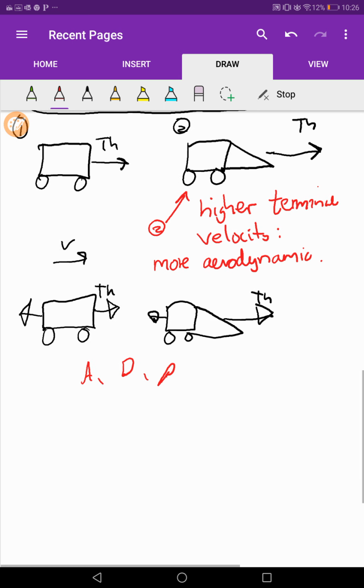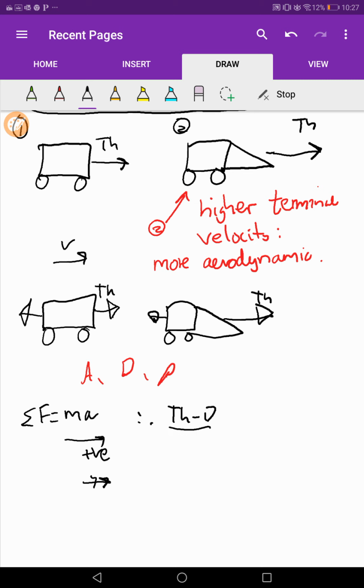But yeah. So let's just look at what the acceleration of these two cars would be at any one time. Well, we can just do the sum of the forces equals ma. Let's say that this way is our positive direction and it's accelerating that way. So the sum of our forces would be thrust minus drag, over mass, equals the acceleration.